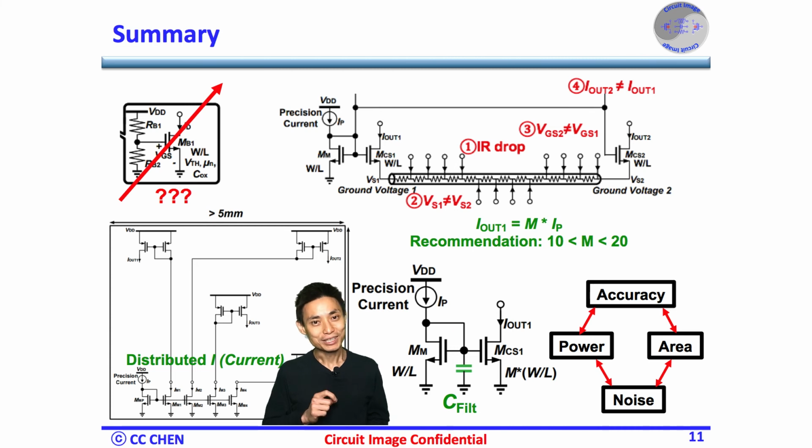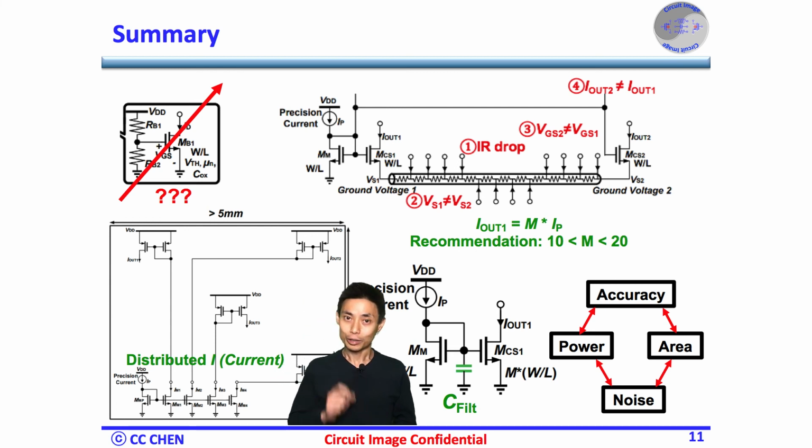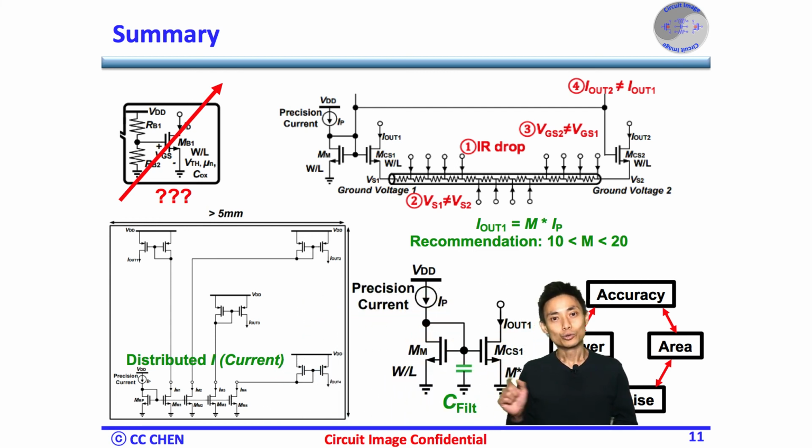Even though the current ratio between the input and output current can be maximized to save power, the noise amplification and leakage could be a big concern in the noise performance. So, we suggest the current ratio to be under 20. To reduce the noise further over frequencies, we can add a bypass capacitor between the gate and the source of the current mirror.